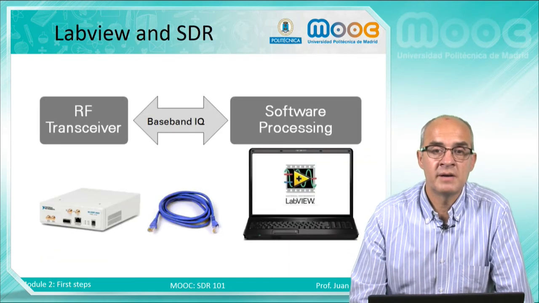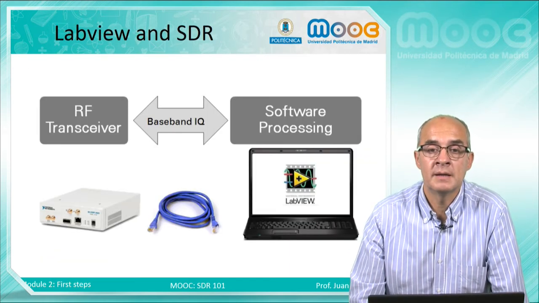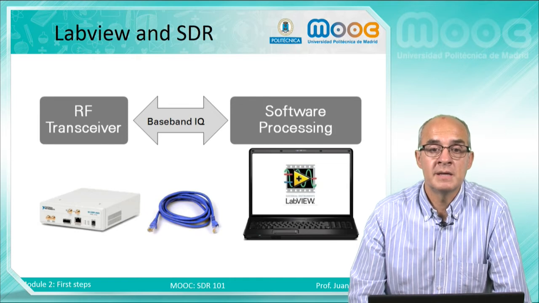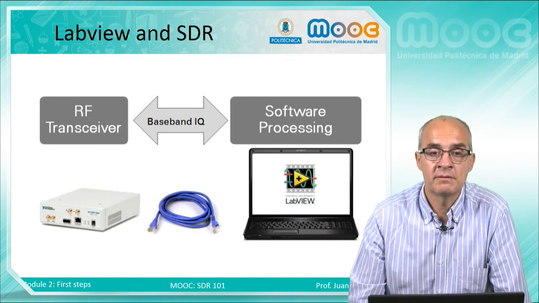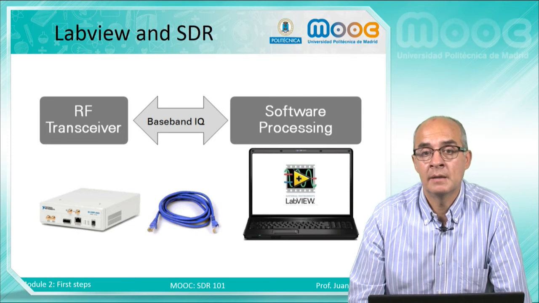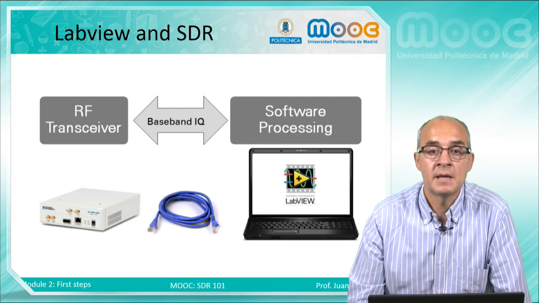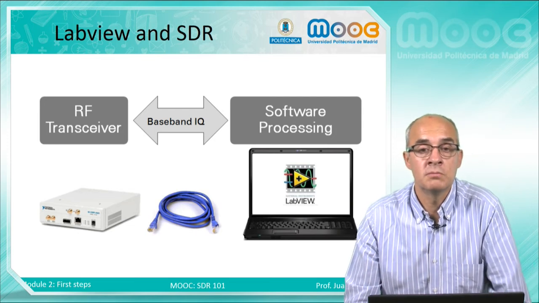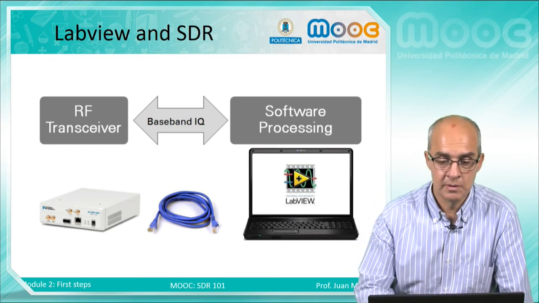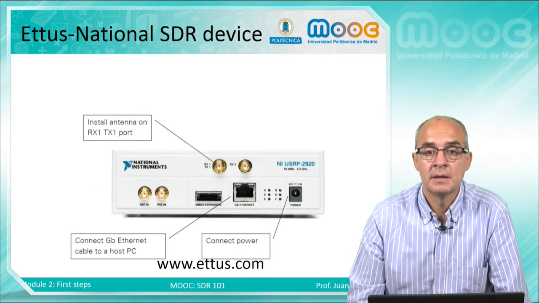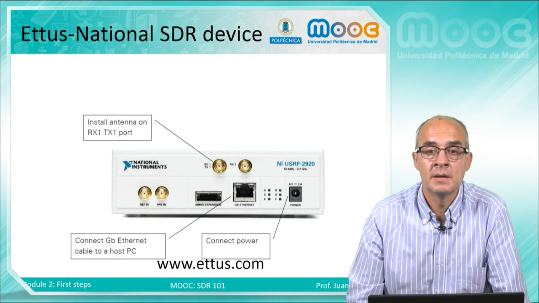The software defined radio environment of National Instruments is based on their own software defined radio device and the LabVIEW environment. It's a medium power solution, more powerful than the RTL and more expensive also. It's based on this USRP technology.